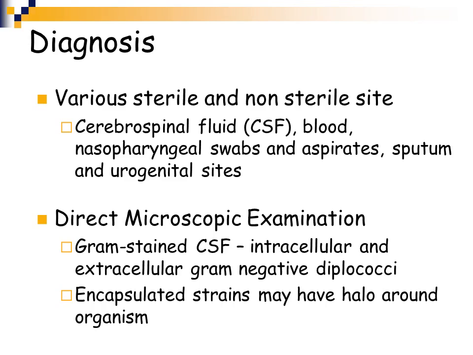In order to diagnose Neisseria meningitidis, since it causes meningitis, it's usually diagnosed off of a cerebral spinal fluid sample. It can be a blood sample, possibly a nasopharyngeal swab or an aspirate, sputum, possibly, although very rarely, and urogenital sites.